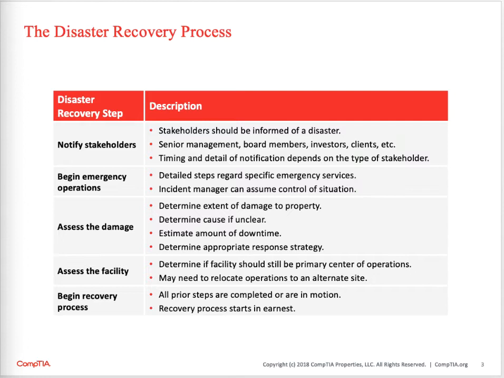There are different categories of stakeholders, and they're going to be notified at different times. The level of detail that we give them depends on what kind of stakeholder they are, right? We might not divulge all of our information to the public at large, but we will divulge it to the CEO or somebody like that.